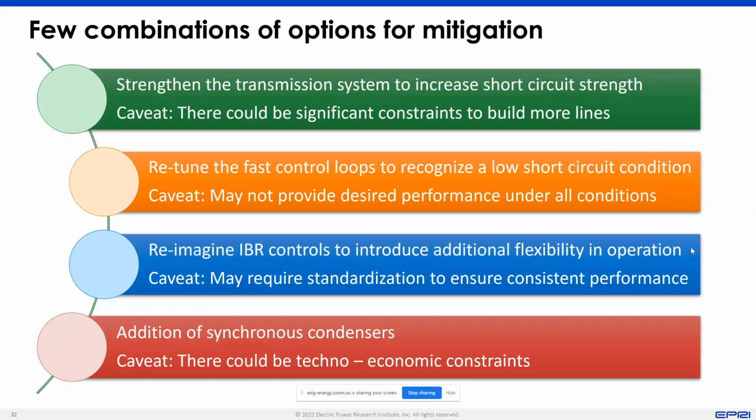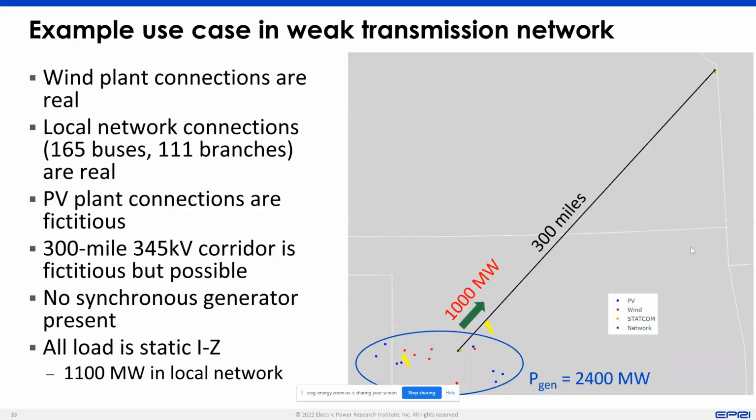But in a way, as our grid transitions, we need to start looking at all of these solutions together in order to be able to get more and more different types of services from these resources. Where we're going with this is that when you start looking at a transmission system study, when you start looking at an example where you have a transmission network with a variety of devices, a variety of topologies, then you really need to call upon these different solutions in order to really help make the system stable.